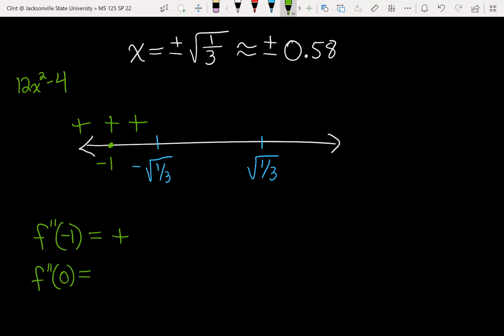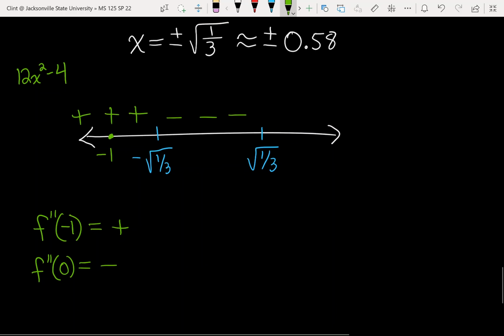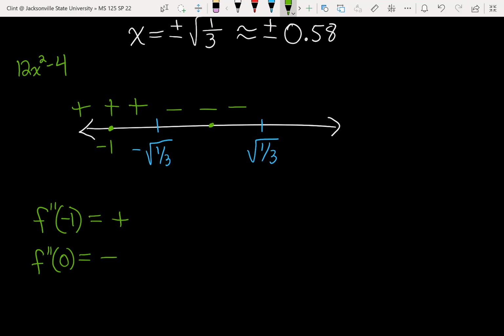Plugging in 0, we get negative 4, so that's negative. And maybe 1: 12 minus 4 is positive again. It's not always perfectly alternating like that, so don't assume it is.